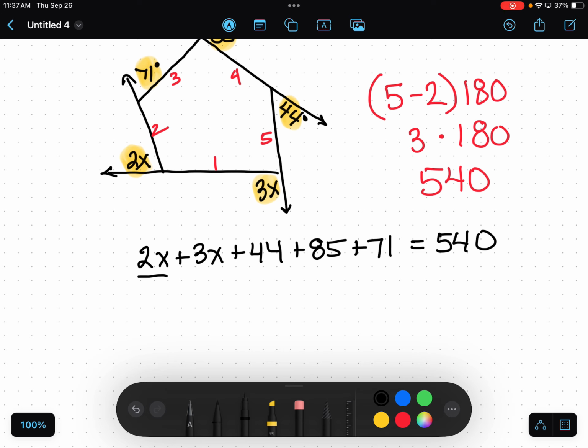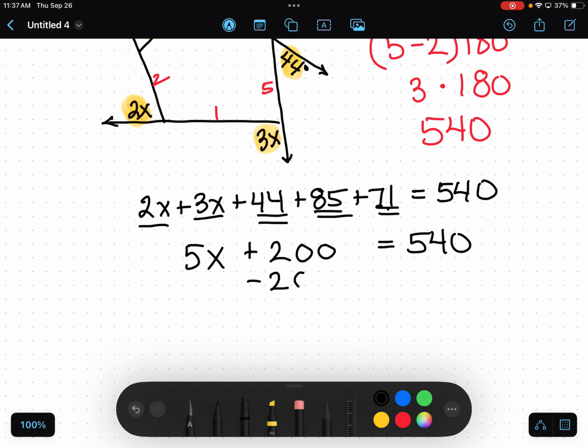So first of all, if you recall from some of your algebra skills, you add those two things together. 2x plus 3x would be 5x. And then I add these pieces together. So I end up with 44 plus 85 plus 71, which is 200, and set it equal to 540.